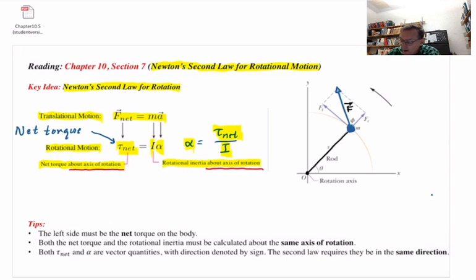Now the picture shows that that force can be divided into two components. One component along the rod, that would be the radial component, F radial, and one component perpendicular to the rod, which is tangent to the circle. We'll label that component F tangential.